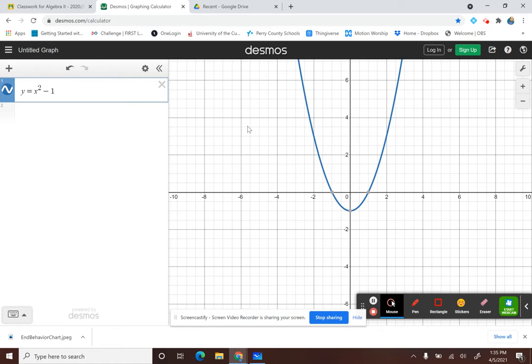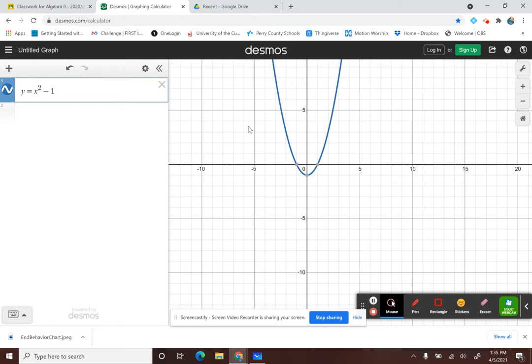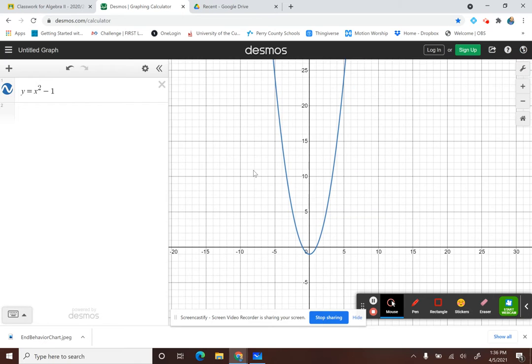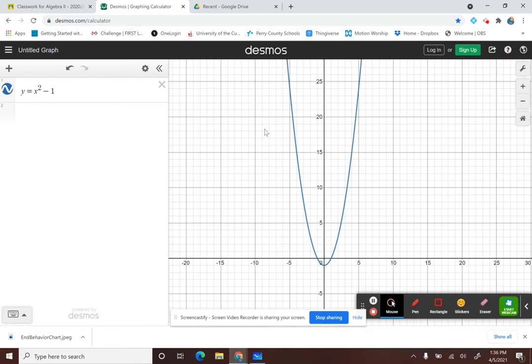I also want you to notice your end behavior. If we were to zoom this out a little bit, you can see that this just keeps going on and on and on forever. But what I want you to see is that this end is pointed up, and this end is pointed up. Both of those are pointed up, and there is only one turn in this graph.